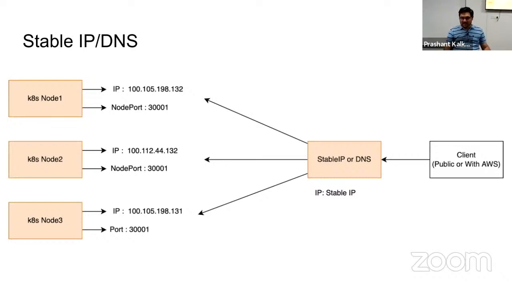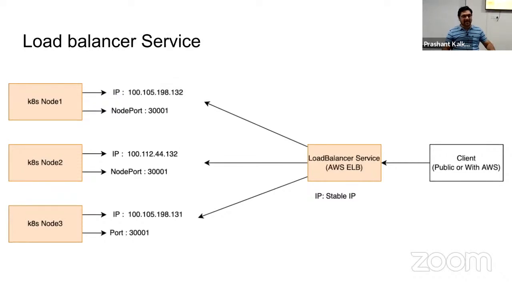Okay, and your client can be public or AWS, depending on the case. So that's exactly what your next type of service does, the load balancer service. Load balancer service actually allows you to do this.